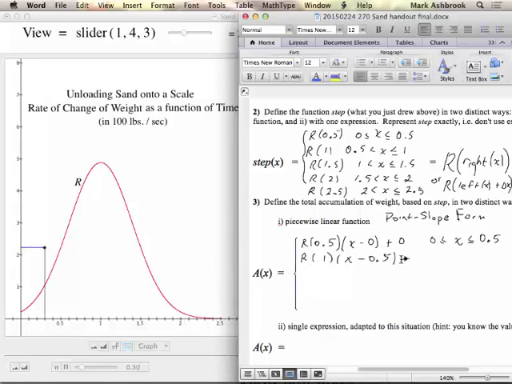Plus what? It's not plus R of 0.5. It's A, the total accumulation up to that point, not the rate.